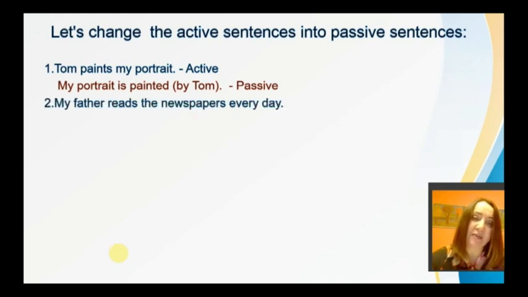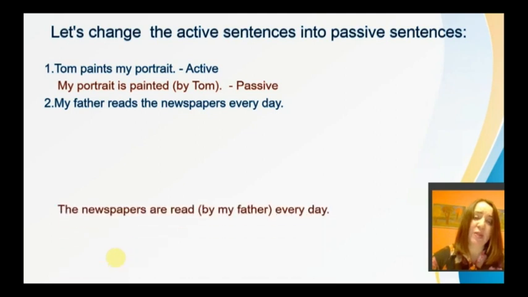The second active sentence is, my father reads the newspapers every day. 15 seconds for you. Okay.